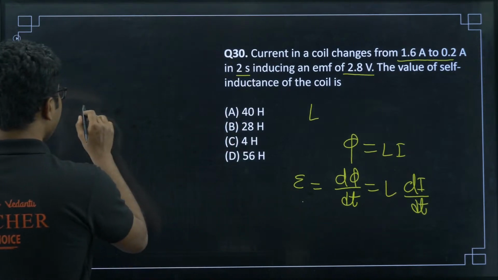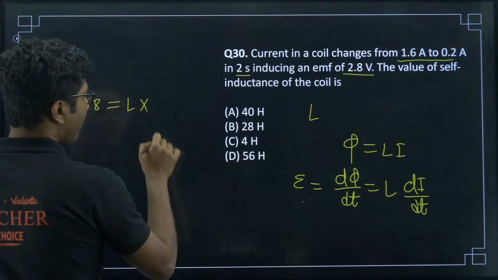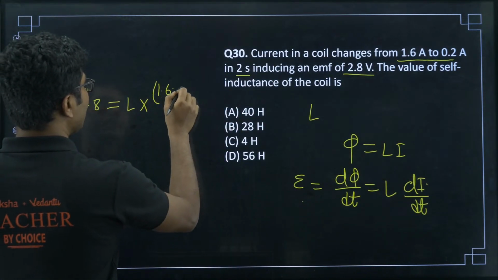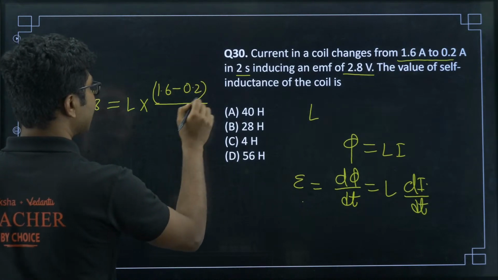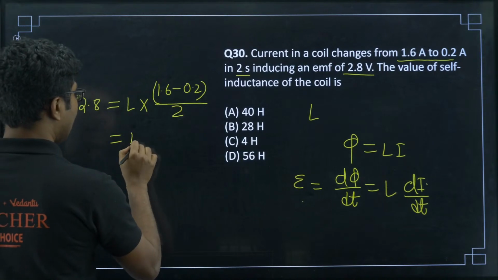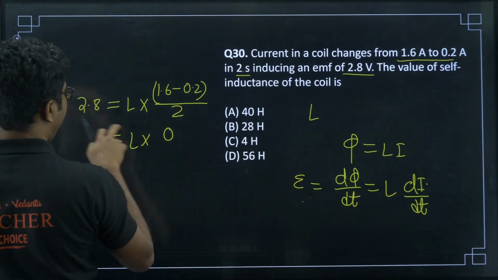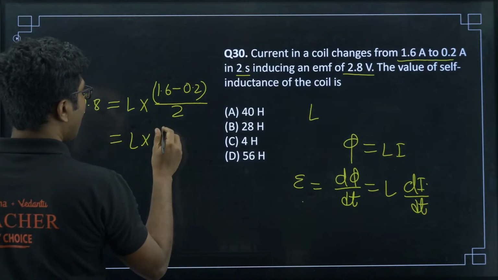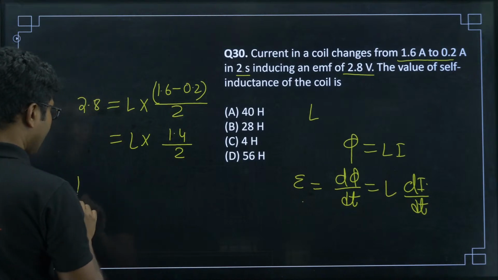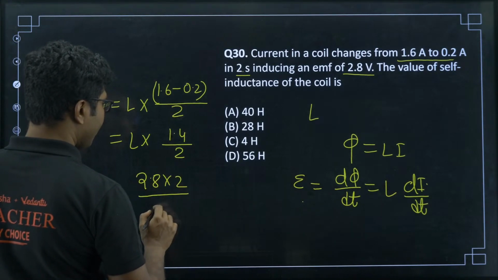So induced EMF is given 2.8, and L we do not know, and di is given 1.6 minus 0.2. This is the change, and the time is given as 2 seconds. So L into 1.4 by 2. So L equals 2.8 into 2 divided by 1.4.